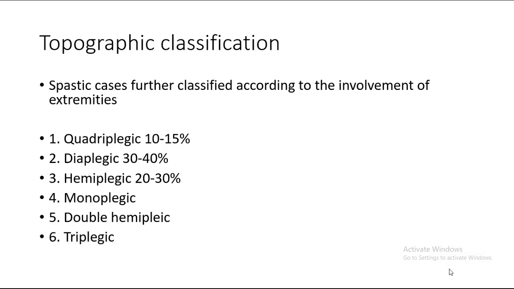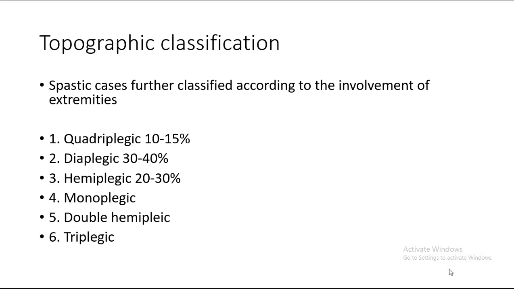The topographical classification describes the topographical pattern of involvement. Which limbs are involved? So we have the quadriplegic type, which causes 10 to 15% of the cases. It involves the 4 limbs of the child.